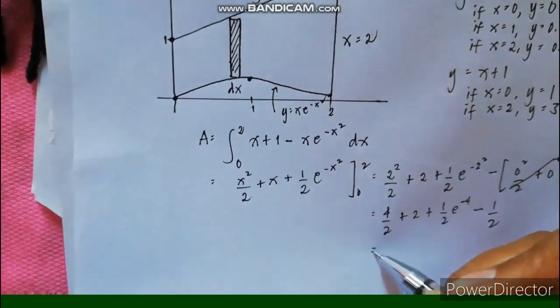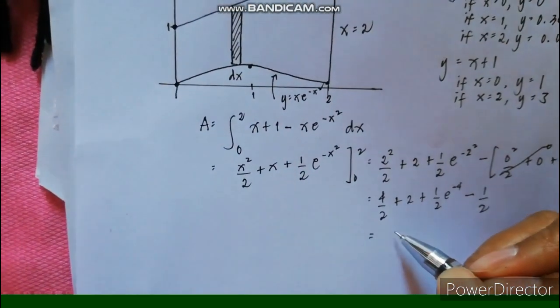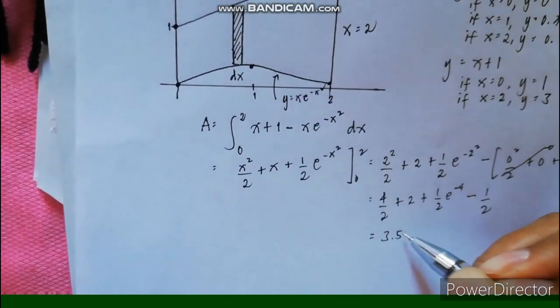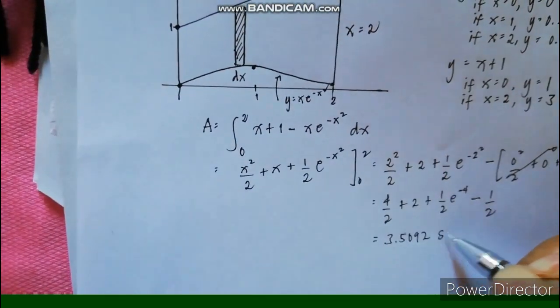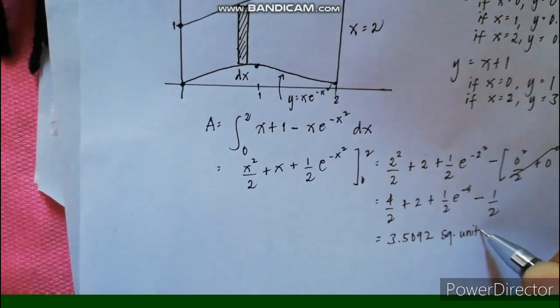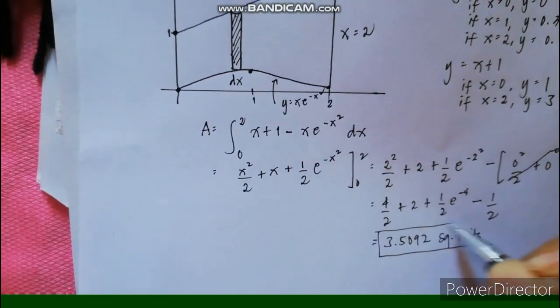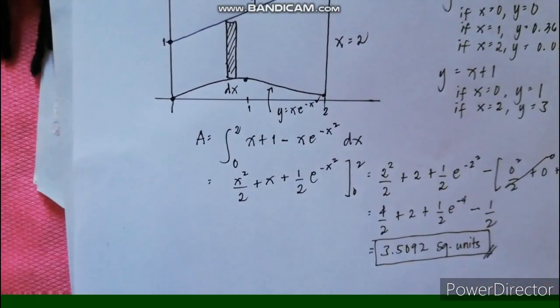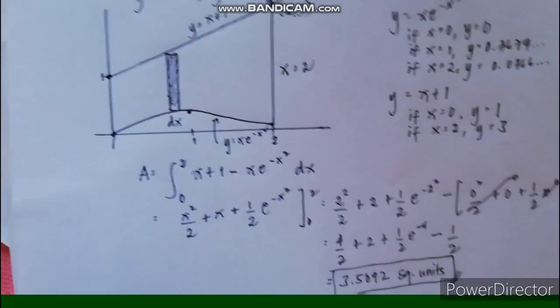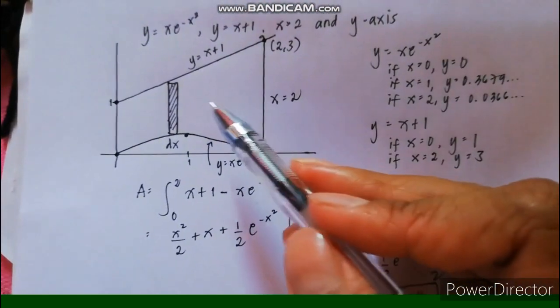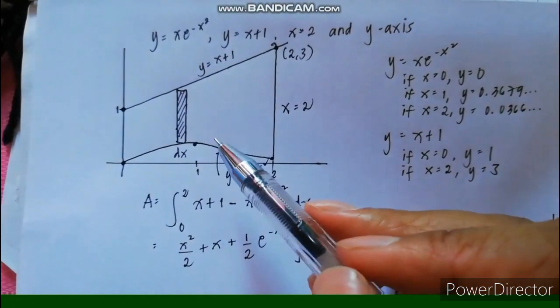So our answer will be 3.5092, and of course don't forget the square unit since we are dealing with the area. So that is the answer for the boundary region of these curves.